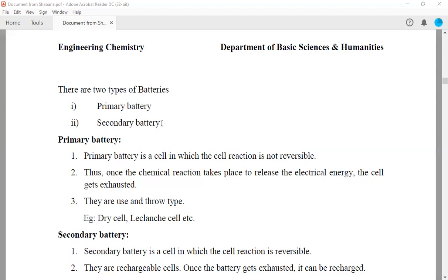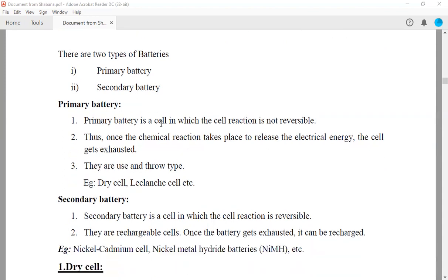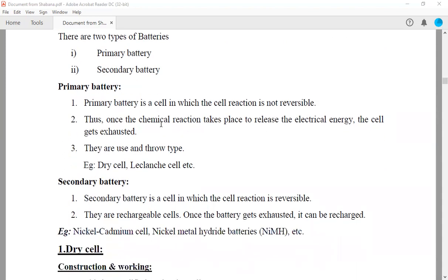What is a primary battery? The primary battery is a cell in which the cell reaction is not reversible. That means it cannot be recharged. It can be used as long as the materials inside the battery are active in their composition.